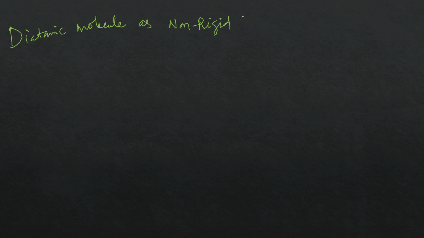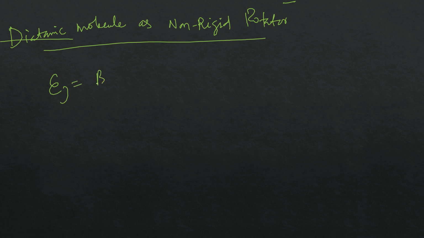Next is diatomic molecule as non-rigid rotator. Previous one was rigid rotator. This one was non-rigid rotator, right? So what will be this one? Ej is equal to, so this term will be there, bj j plus 1. Along with it, there will be another term, bj square j plus 1.